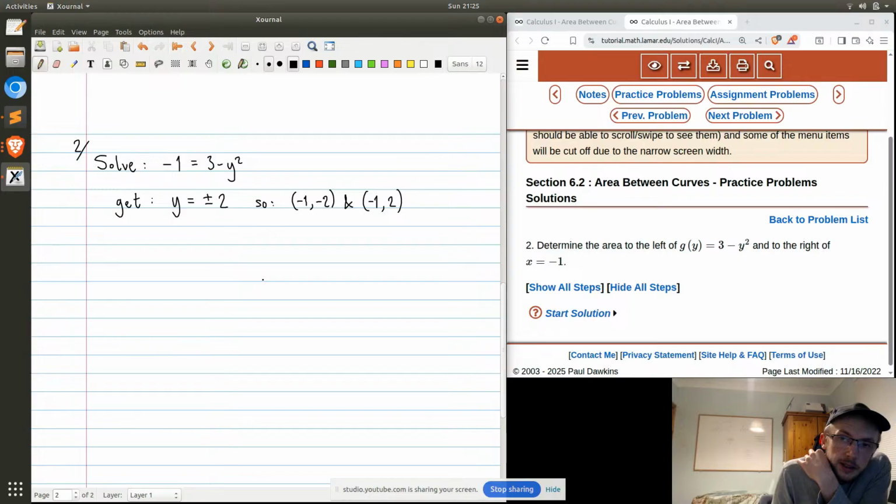Yeah, you could do that, but why don't you just move the whole curve to the right by 1 unit? That would be simpler, right?